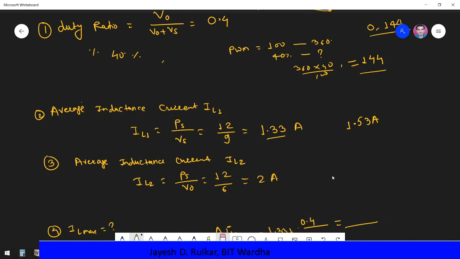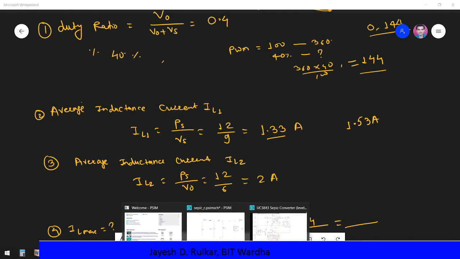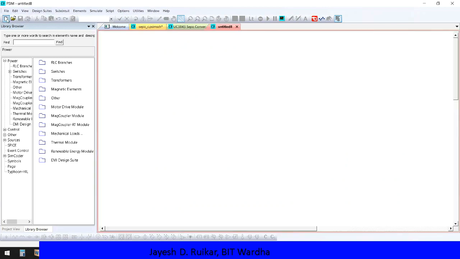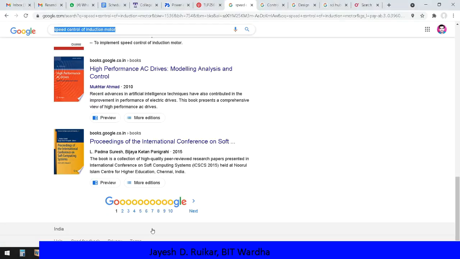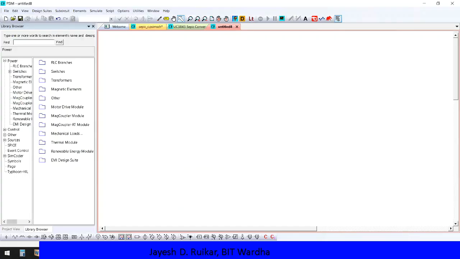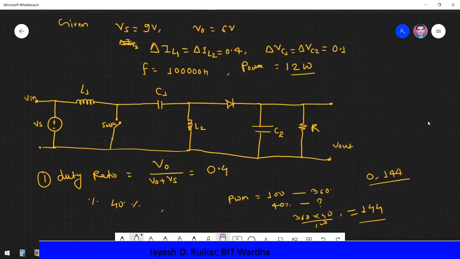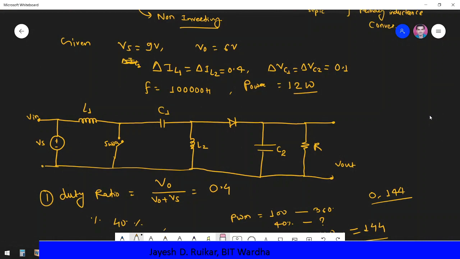Okay, let us design this in the PSIM. So make a new file, and I will show you this diagram first. Put values.